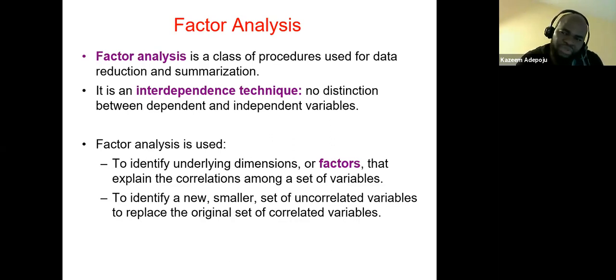If I have a set of variables where it is difficult to tell which one is the response, then factor analysis can be used to figure things out. Factor analysis can be used to identify underlying dimensions or factors that explain correlation among a set of variables. Now, let me tell you this.